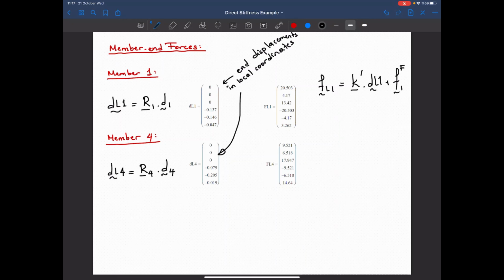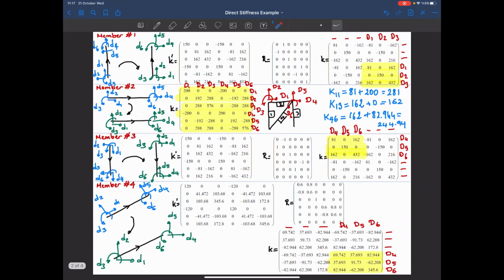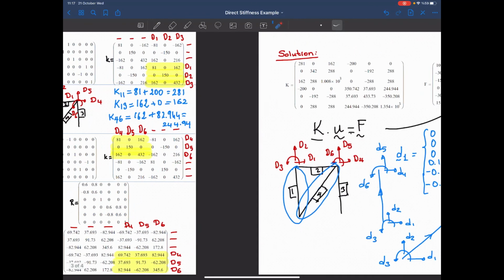Okay, and for this one, FL4 is equal to K4 prime, this is 1, multiplied by DL4, plus if you have any member loading on it, you just have to add it. So in other words, what I'm doing here, I'm multiplying this one with the stiffness matrix in the local coordinate system.